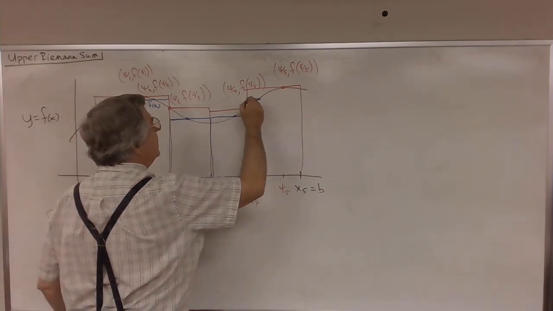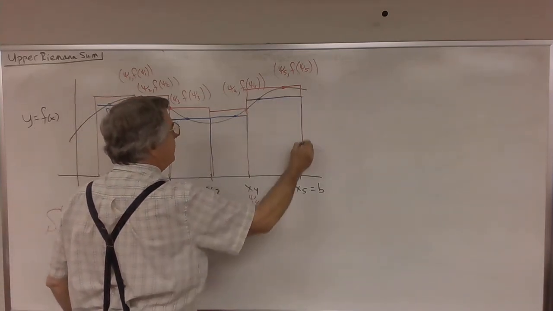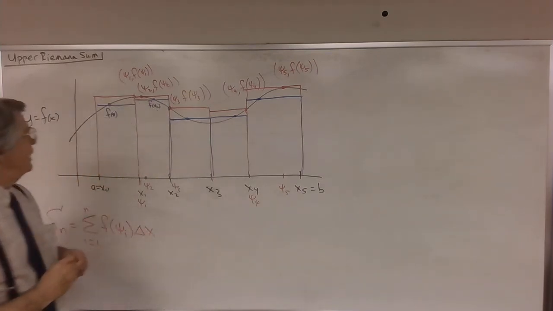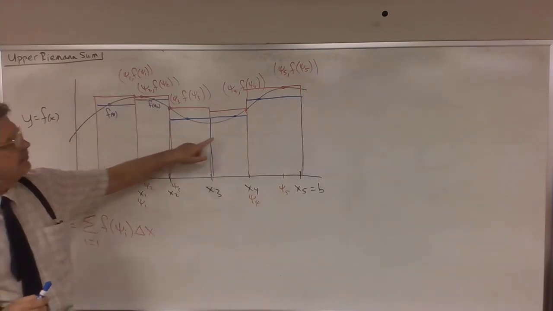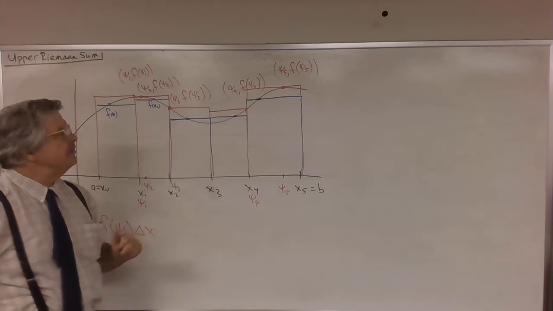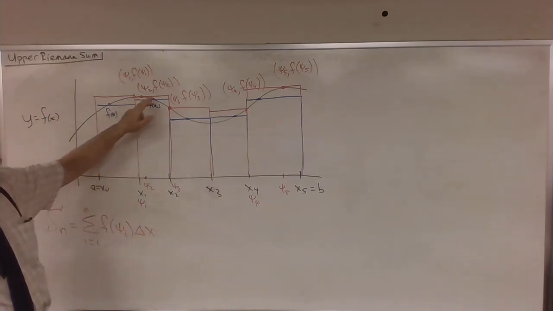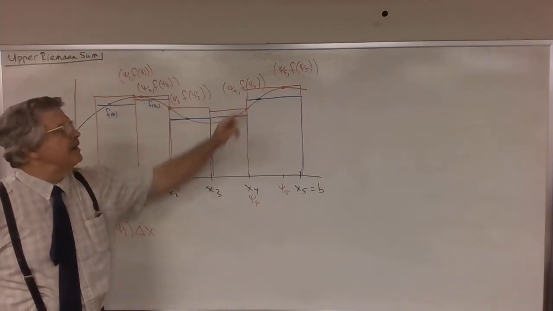If I have any other Riemann sum, the areas of these rectangles are going to be less than or equal to the areas of the rectangles that I have in my upper Riemann sum.